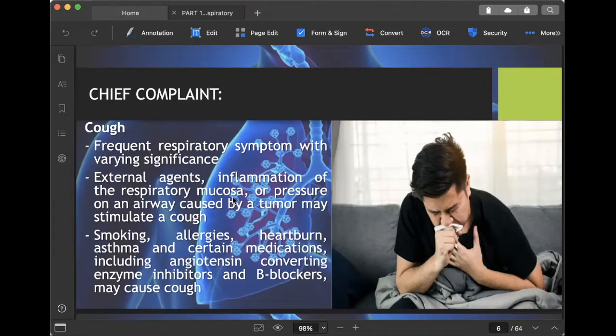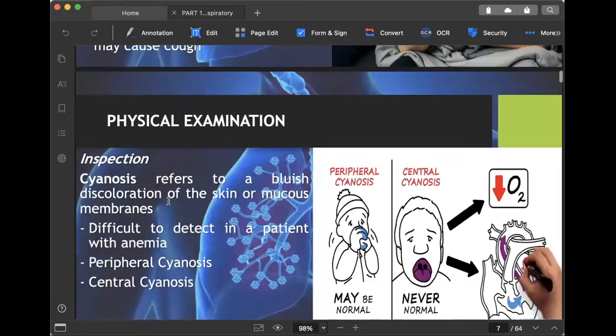Sometimes smoking, allergies, heartburn, asthma, and certain medications, including angiotensin converting enzyme inhibitors and beta blockers, may cause cough. With your thorough observation and assessment, you can detect the causes while the patient is having frequent cough. Now let's move on here.